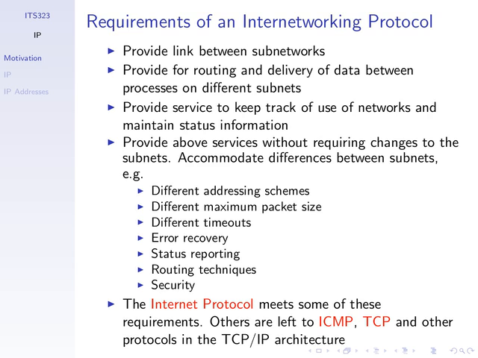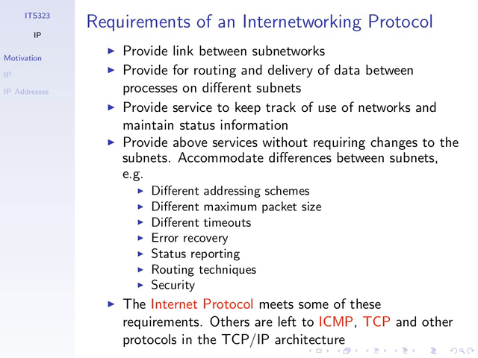So a router has links to two, usually two or more different subnetworks. An internetworking protocol needs to provide some routing mechanism and some forwarding mechanism to deliver data across the network. We've covered routing and forwarding already when we looked at packet switch networks and when we look at routing after that.